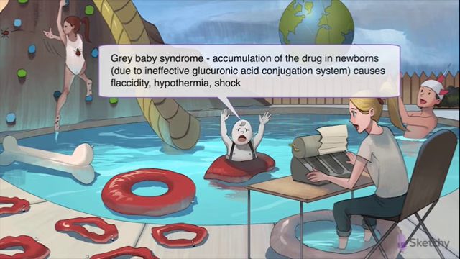Notice also that his flotation device kind of looks like a liver that can't quite detoxify chloramphenicol. The syndrome involves flaccidity, hypothermia, gray color, and shock, and this baby does look pretty gray and flaccid to me. To avoid this effect, chloramphenicol is used with caution and with limited doses in infants.